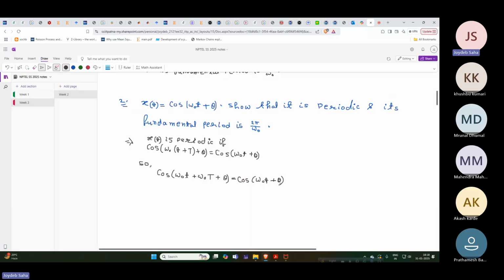Okay, this is theta. And this condition holds if omega 0 capital T is equal to m into 2 pi, right?